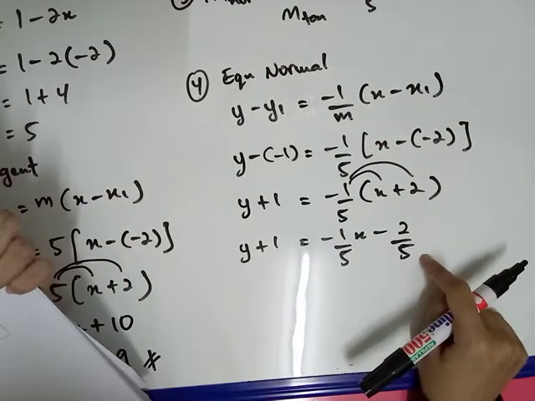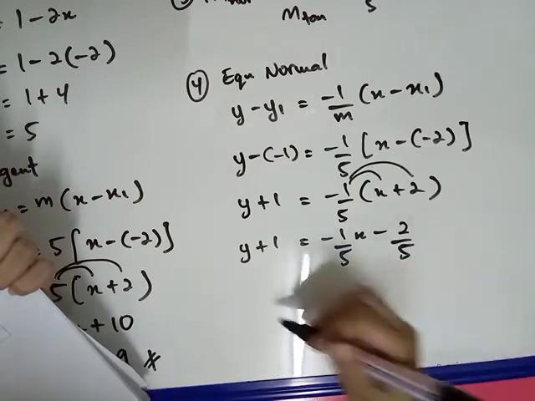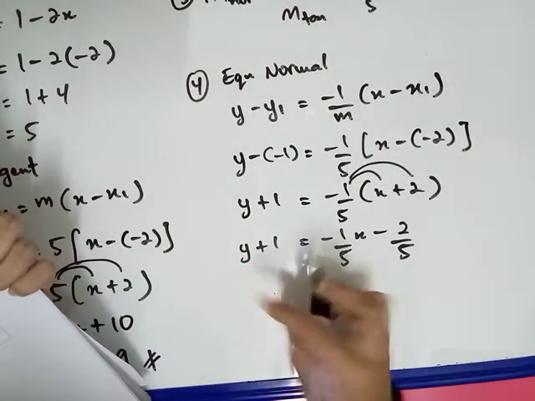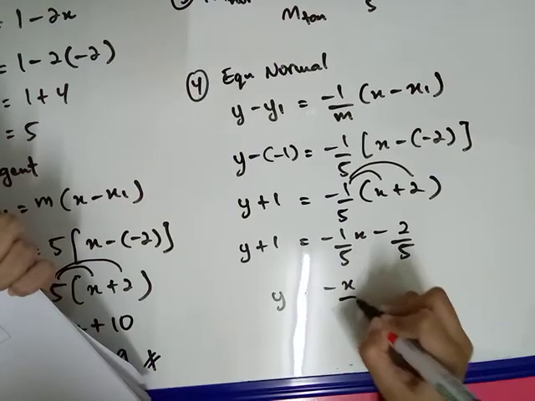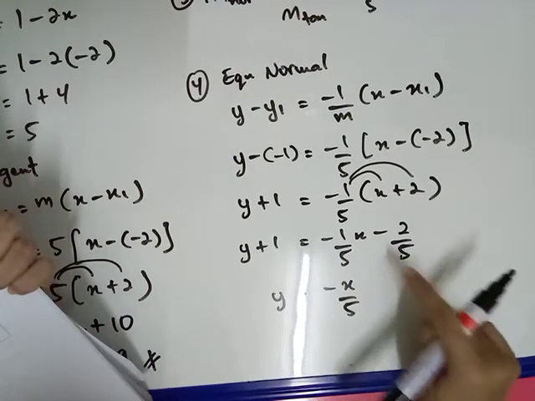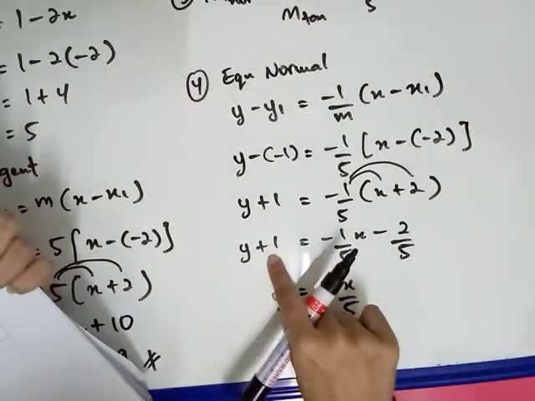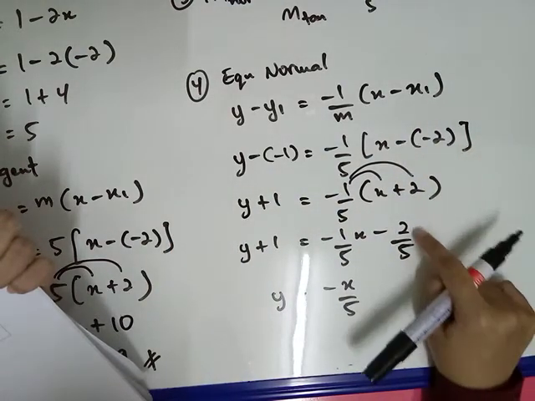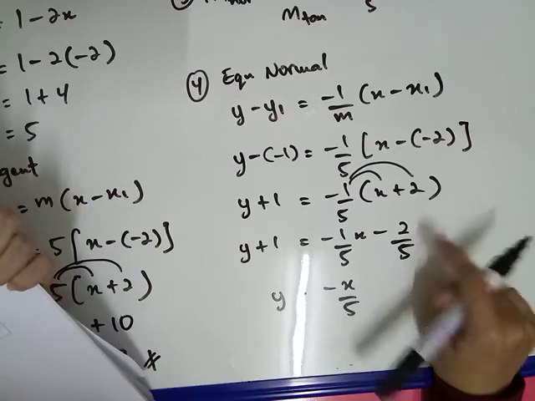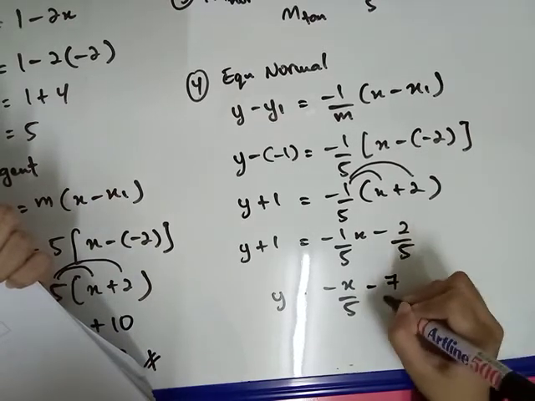And then we need to make y the subject. y equals negative x over 5, negative 2 over 5. Positive 1, when you move it to the right side, it will become minus. So negative 2 over 5 minus 1, you get negative 7 over 5.